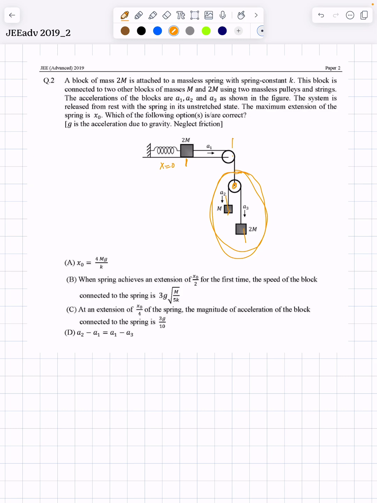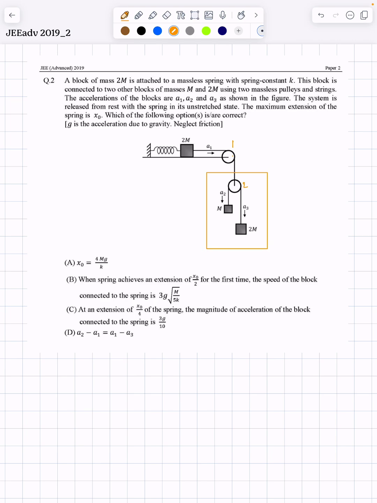So let's call this pulley number 1 and 2. With respect to pulley 2, mass m will go up and mass 2m will go down. Let me write again: this is pulley 1 and this is 2, and let me put this in a box.